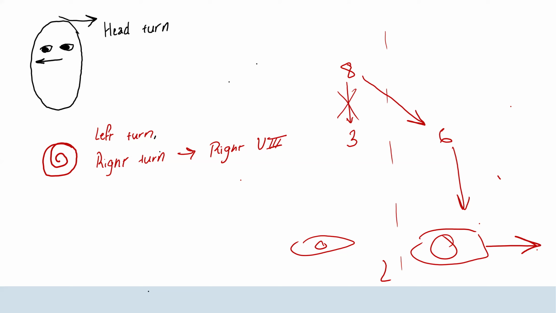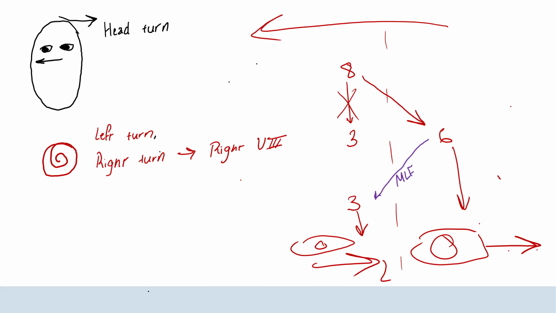So instead, I'm going to be using our magical MLF. That's going to go to the 3rd cranial nerve, which stimulates the medial rectus muscle to also move my eye this way. All of this is happening when the head turns this way.